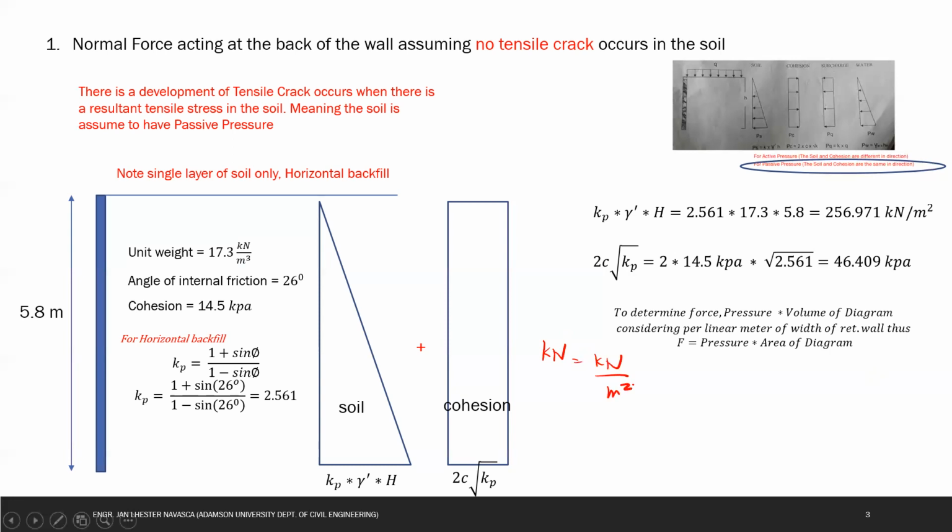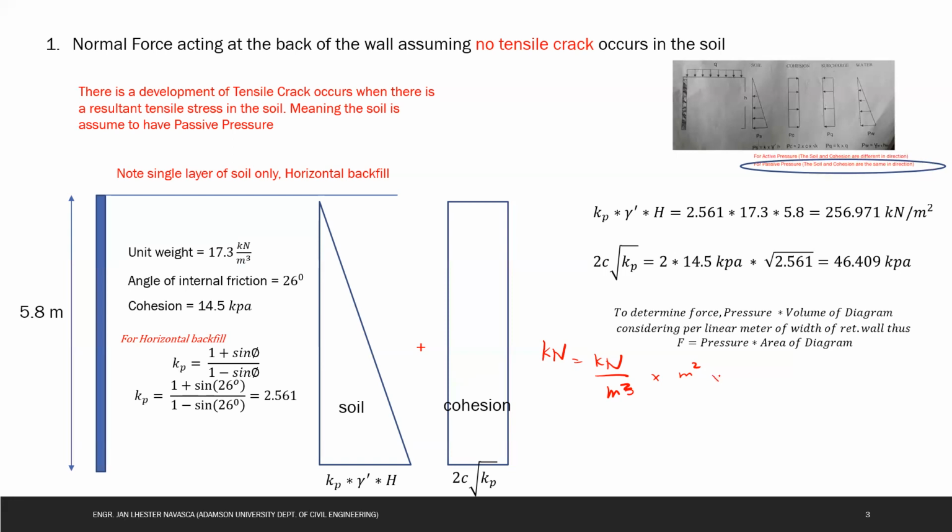So you will multiply the area to determine the pressure. Okay, so at first kasi yan, that is kilonewton per cubic meter, multiplied natin siya ng height, and you have this linear meter.